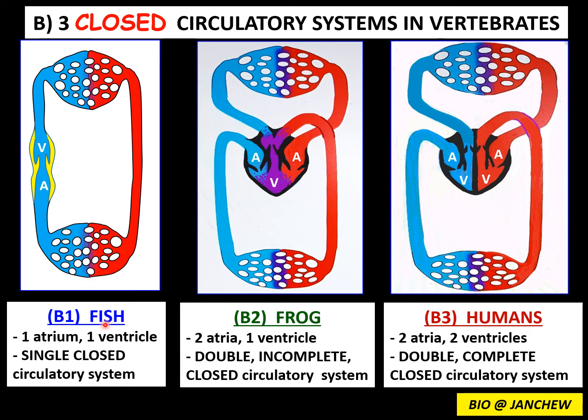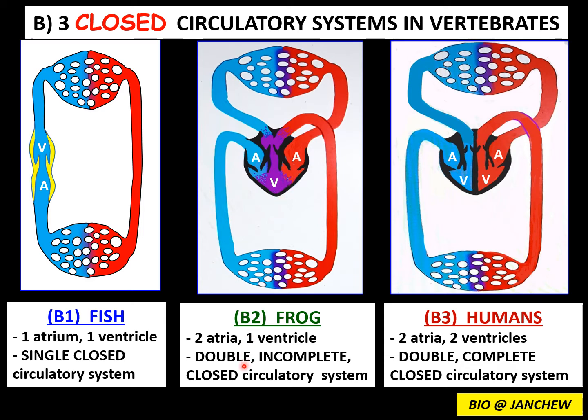Now, for the fish, the heart of the fish has one atrium and one ventricle. That means the heart has only two chambers. And the fish has a single closed circulatory system. The frog has a three-chambered heart consisting of two atria, the right atrium and the left atrium, and one ventricle.